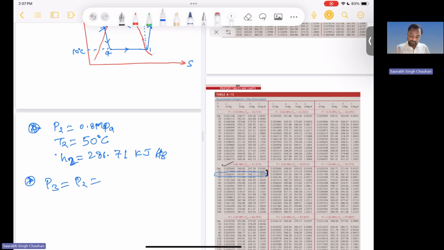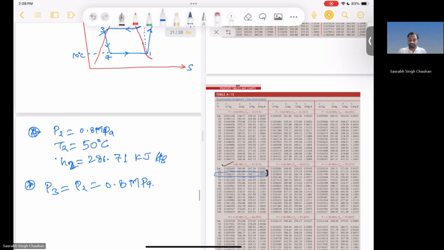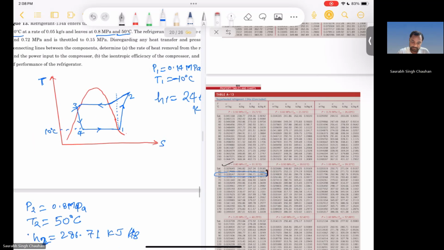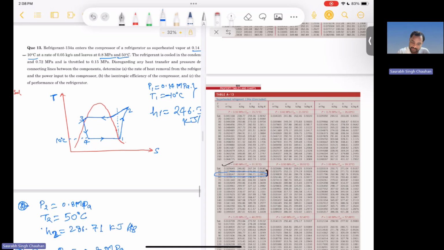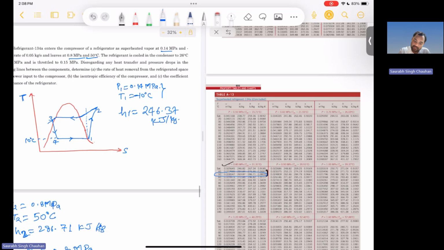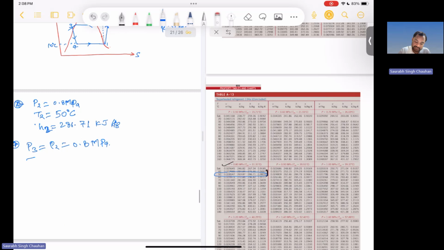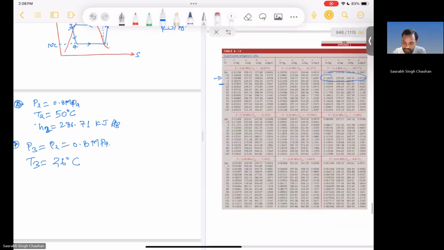Now coming to point 3, P3 will be equal to P2. What is the temperature at point 3? The temperature is cooled in the condenser to 26 degrees Celsius, so at the exit of the condenser T3 is 26 degrees Celsius, in the subcooled region.